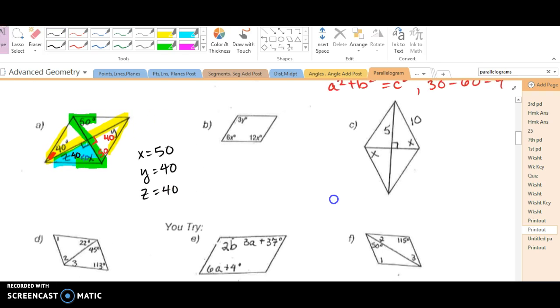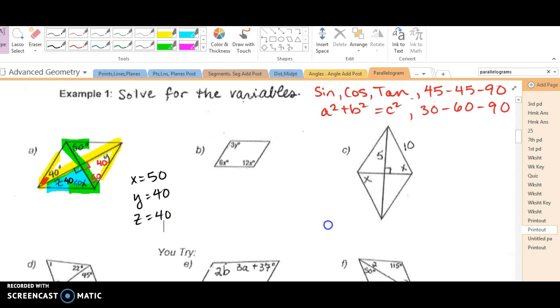Okay, this next one, since these are all parallelograms, sorry, I should have said that. These figures are parallelograms, so you can assume that the opposite sides are parallel. Okay, so you have a staple here, but that's not helpful. We also have a staple going this way.